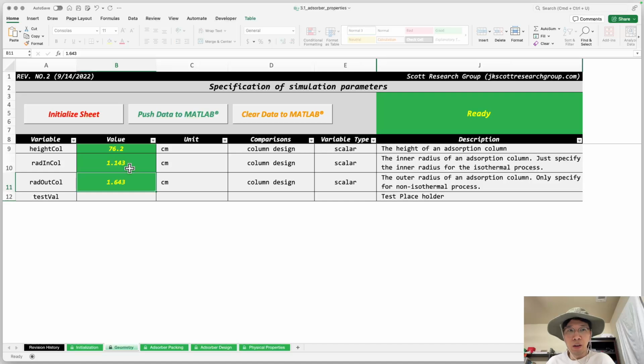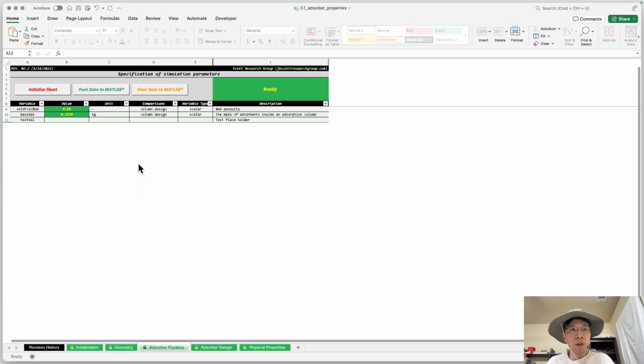We have to provide, of course, the height of the packed bed, and then the interior and exterior radius, right? The difference between the interior and the exterior radius is going to be the thickness of the casing, or how much metal we use to provide this pressurized vessel. So that's what's happening here.